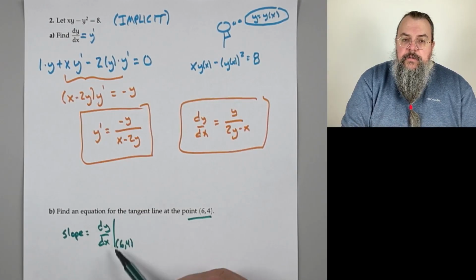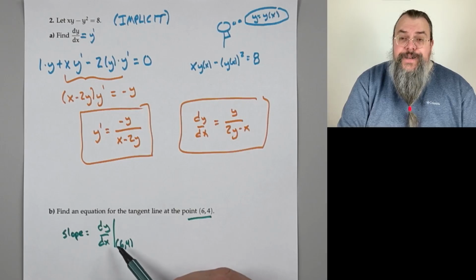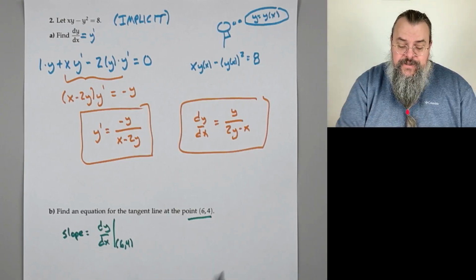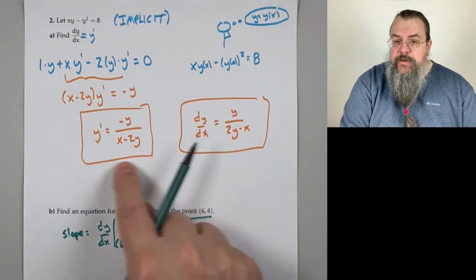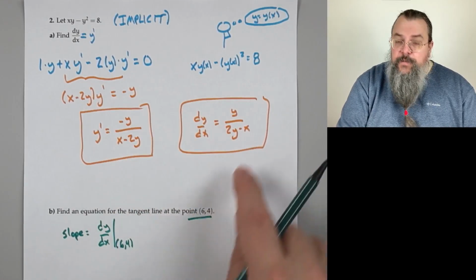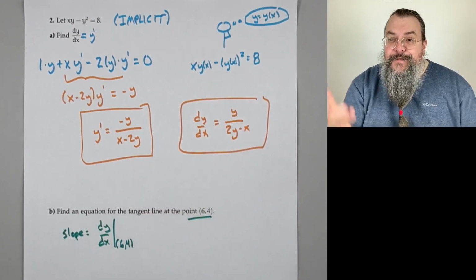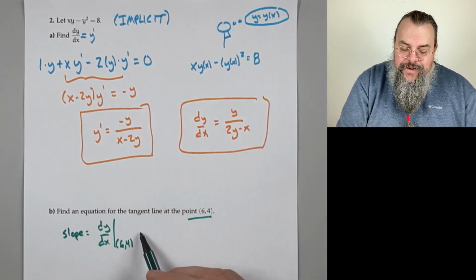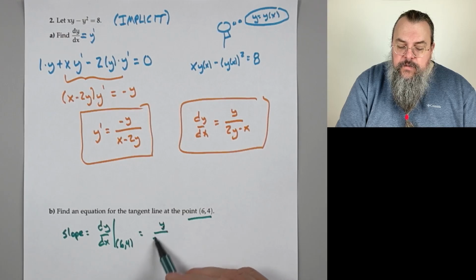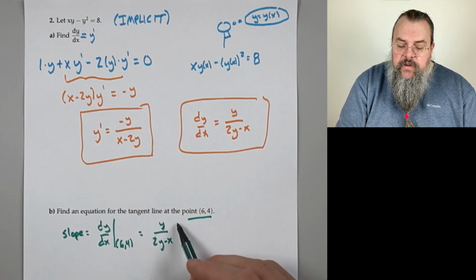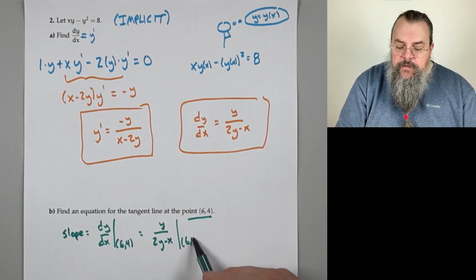So whenever you see a large vertical bar, it means we're going to evaluate the expression. So in this case, we pick one of these. Doesn't really matter which one. Well, let's pick this one. It's more positive, right? We're optimists. We like positive things. So that's going to be y over 2y minus x, evaluated at 6, 4.